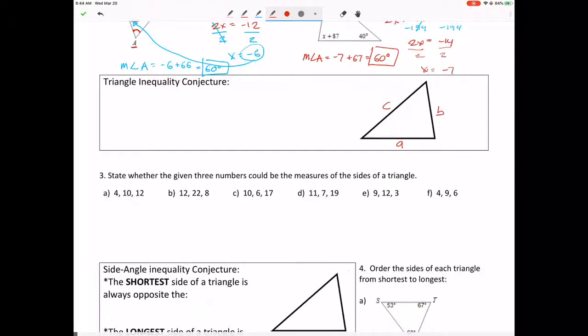I don't know how to describe this, so if you can come up with something that makes sense, that would be great. I'll just go ahead and write the conjecture.